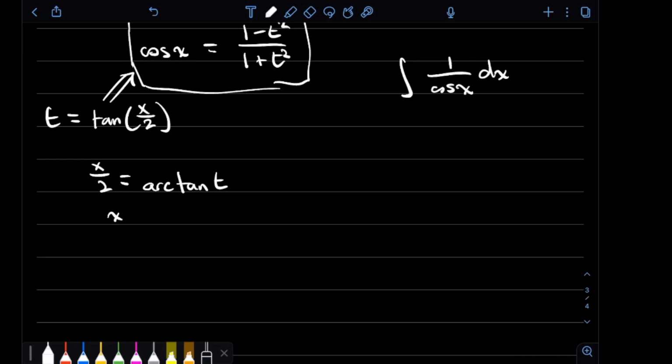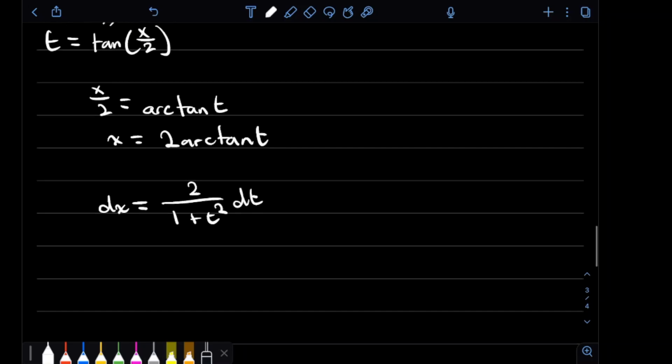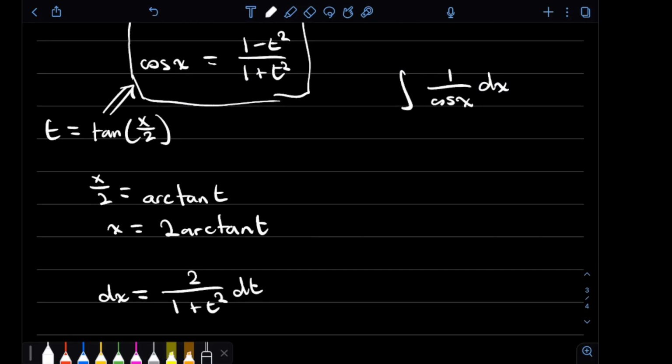That means x equals 2 arctangent of t. And then this is pretty simple. dx is the derivative of arctangent of t, which is just 1 over t squared plus 1, and the 2 goes on the top instead. And so, perfect.